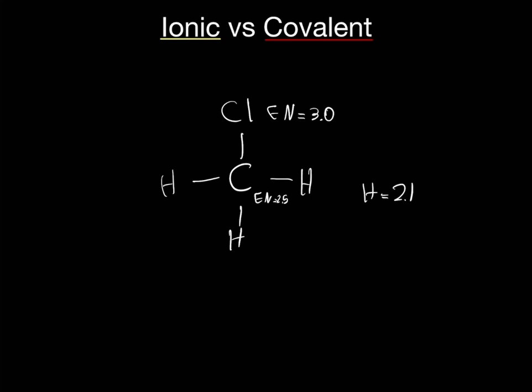However, the electronegativity difference between this chlorine and the carbon is going to be 0.5, because 3 minus 2.5 is 0.5. So it is going to reach that threshold of 0.5 and technically be counted as a polar bond. And so what is going to happen is that one end of the molecule is slightly positive and the other end is slightly negative. So in this case, you do have a polar molecule.